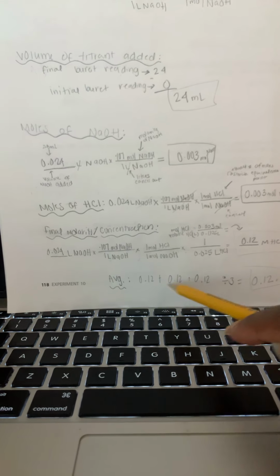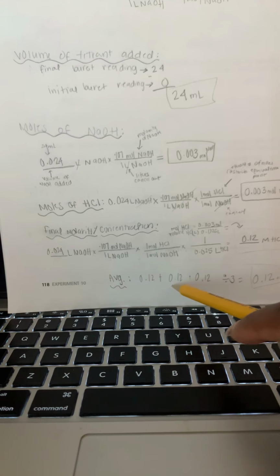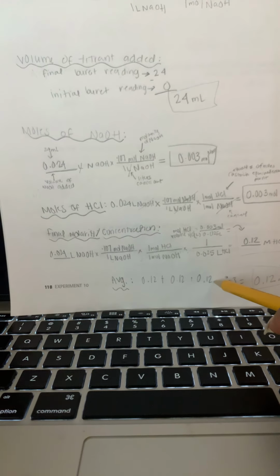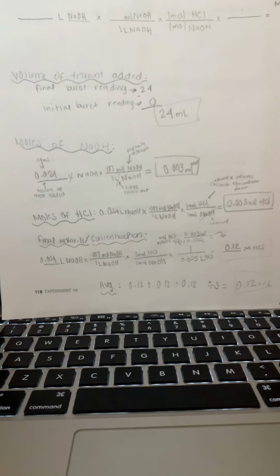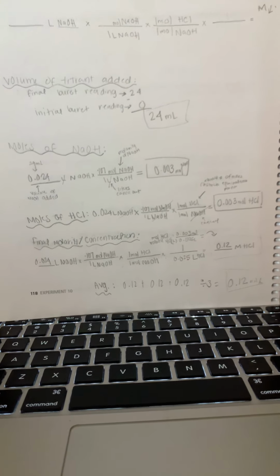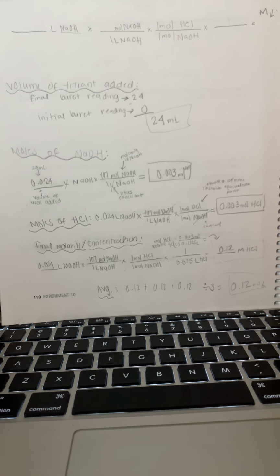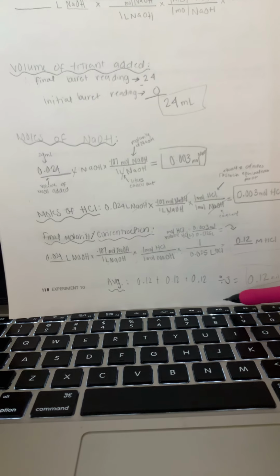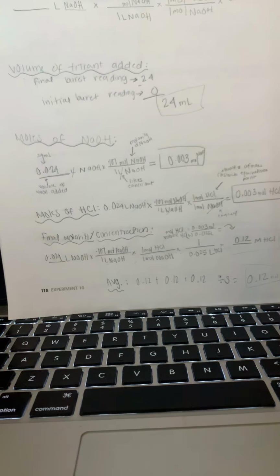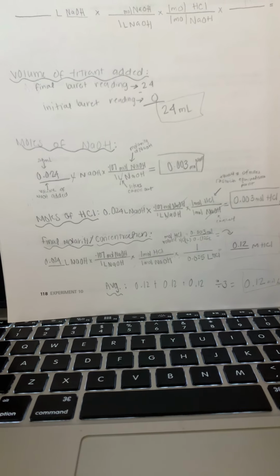We added each of them up: we did the trial 3 times, so 0.12 plus 0.12 plus 0.12, and we divided that by 3 and got 0.12 again. So really, when we added them all up together, it's 0.36 divided by 3, and that's what gives us 0.12 moles per liter.